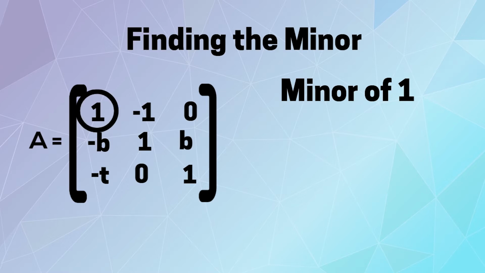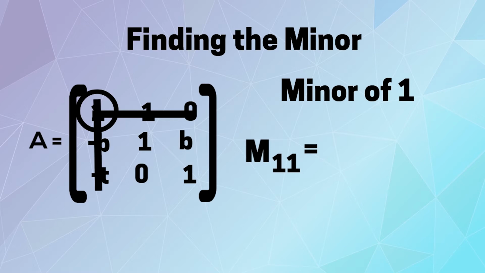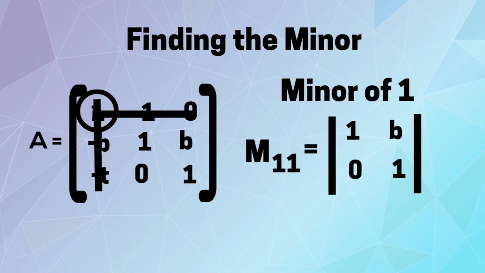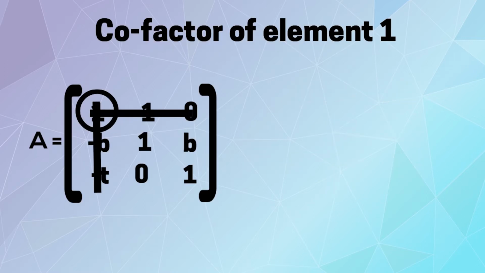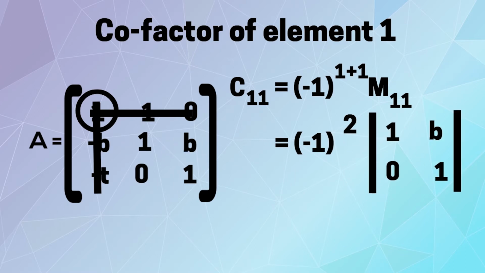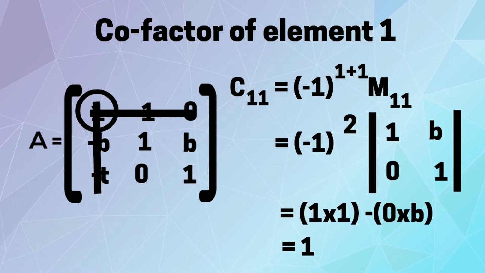In the example of the national income model, the minor of element 1 in the first row and first column of the coefficient matrix is given by the determinant of the remaining elements after striking out the elements in the first row and first column. Now, by using the cofactor formula, the cofactor of the element 1 is 1.